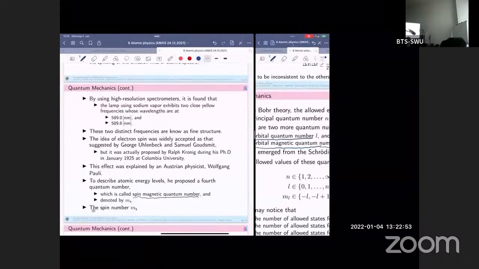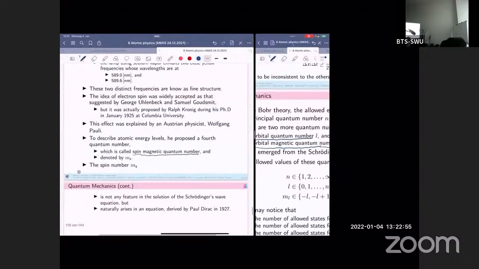Simply speaking, we call it the spin number m_s. The spin number m_s does not appear in the solution of Schrodinger's wave equation. If you go into the detail of the theory of quantum mechanics, physics would start from Schrodinger's wave equation. You may see some in the next section.